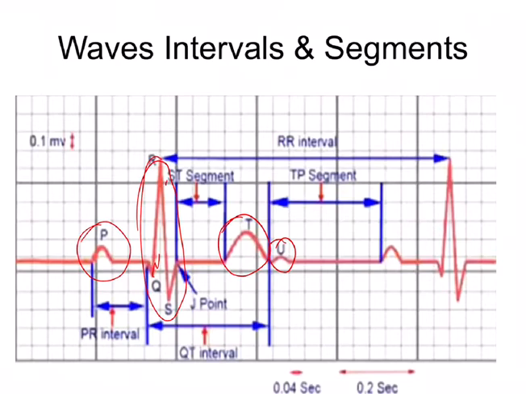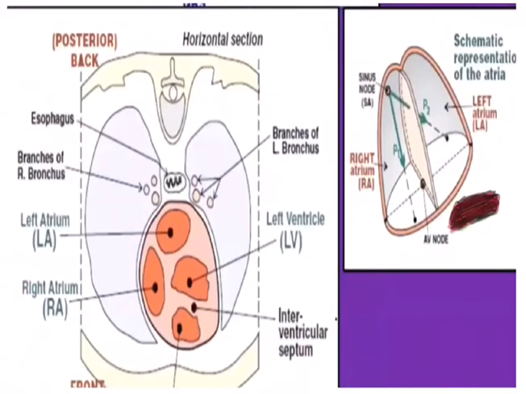Let us see how these waves are formed. If we see the inside of the chest from the top, that is the horizontal section, this is the spinous process, spinal cord, vertebrae, and this is the heart.